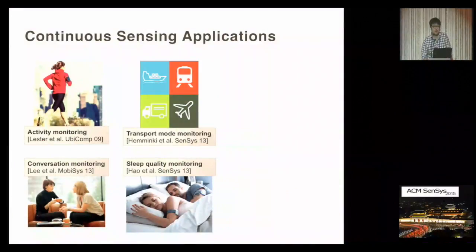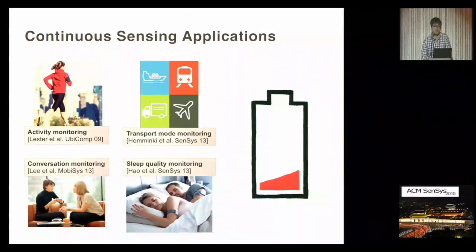Recently, a number of continuous sensing applications have been proposed. In the background, they continuously monitor our diverse contexts, such as physical activity, transport mode, conversation, and sleep quality. Despite much effort for energy saving, we all know that these services consume much power due to the continuous sensing.